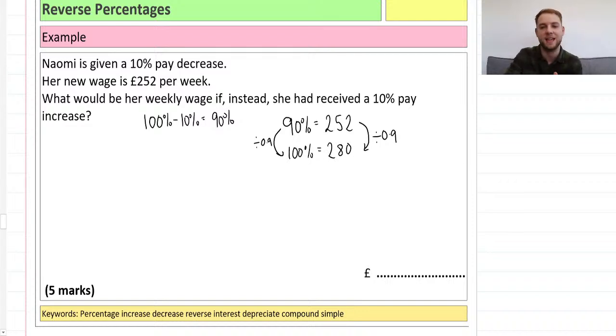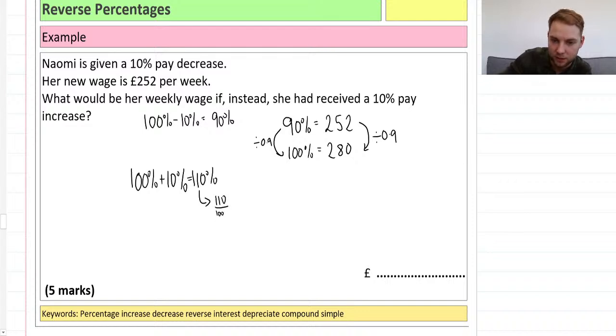Now the question didn't say what was her original amount. It says if she had a 10% increase, what would she get? Now a 10% increase would be if I've got 100% and an increase of 10%, which is equal to 110%. That's what I'm trying to find. So the multiplier is 110 divided by 100, which is equal to 1.1.